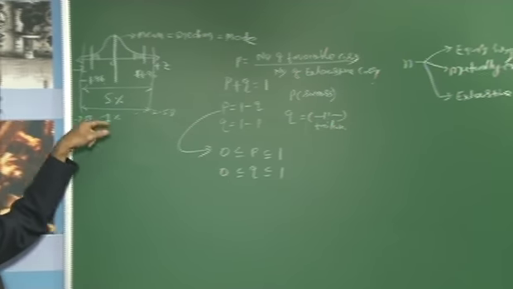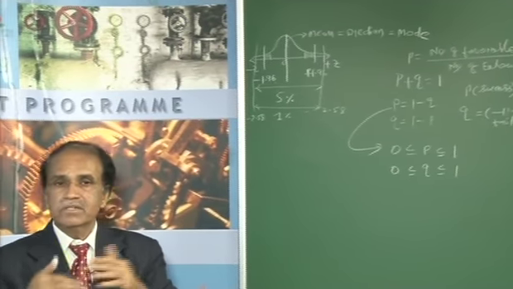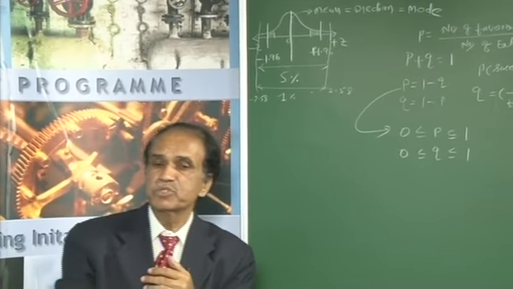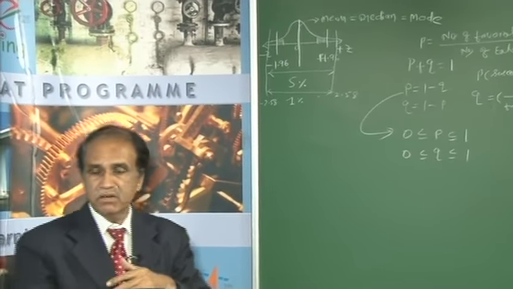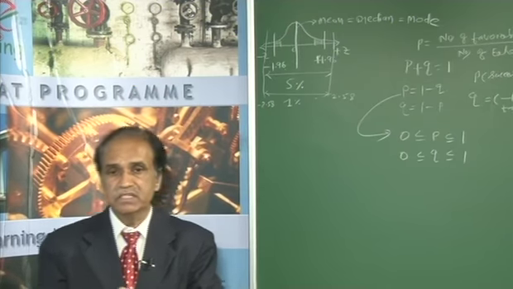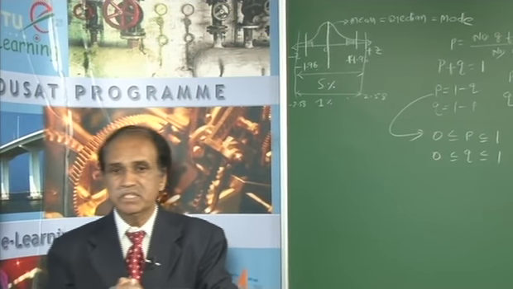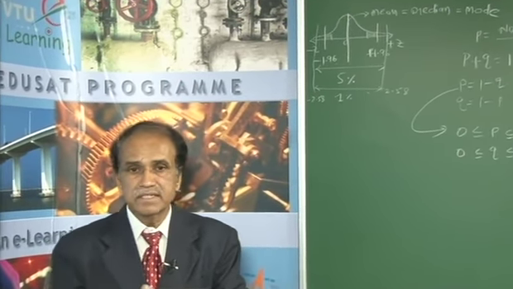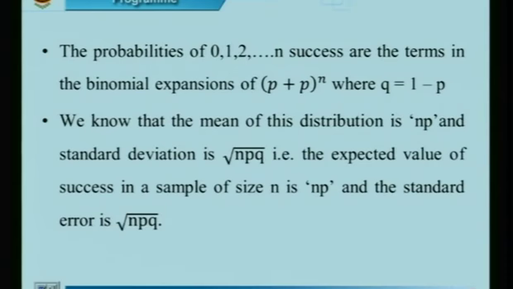Keeping all these things in our idea, you can use binomial distribution, you can use Poisson's distribution, you can use normal distribution, but in all these theoretical distributions we consider the basic concepts of probability in testing the hypothesis by choosing standard deviation as the constant of binomial distribution. There are two constants of binomial distribution we know: the first constant is the arithmetic mean given by n into p, and the second constant is root of n into p into q.